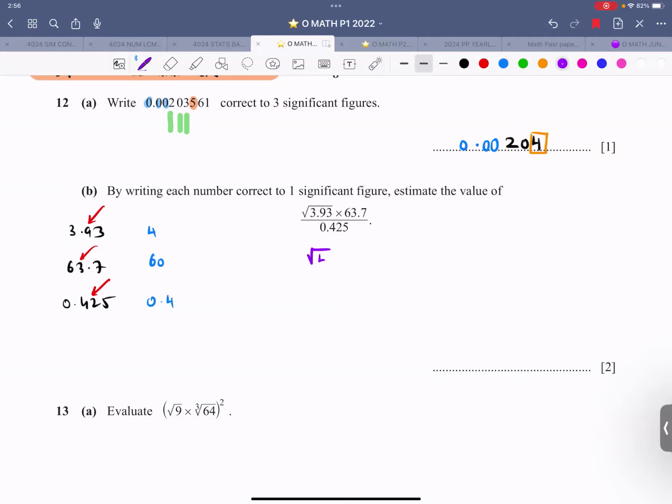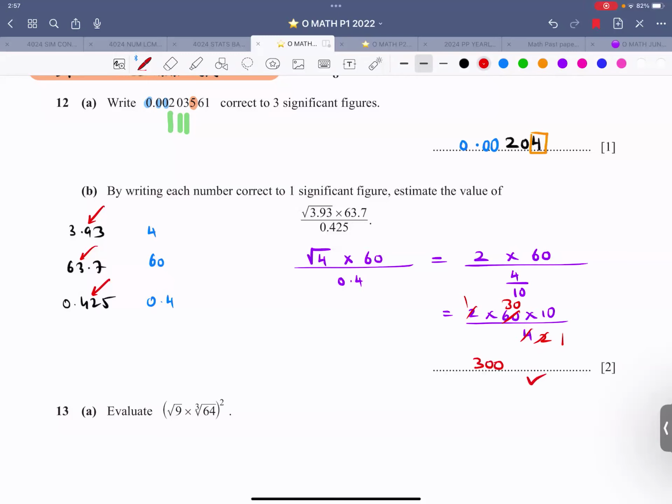That is square root of 4 into 60 divided by 0.4. So square root of 4 is 2 into 60. Division by 0.4, that is 4 over 10. That is 2 into 60 into 10 divided by 4. So 2 twos are 4, 2 30s are 60, 30 into 10 is 300. That is the answer for this particular part.